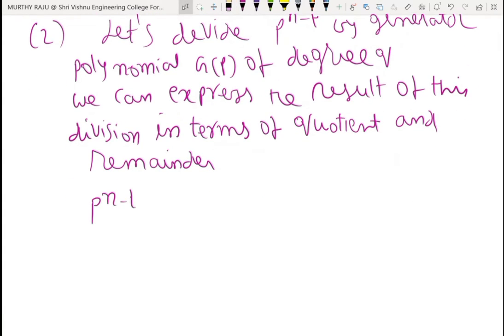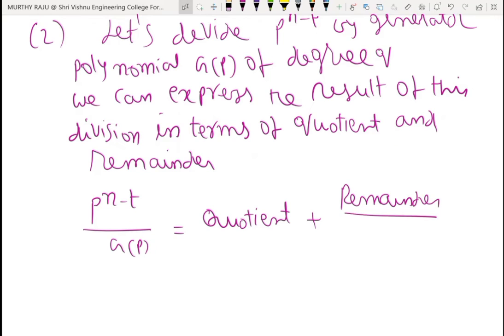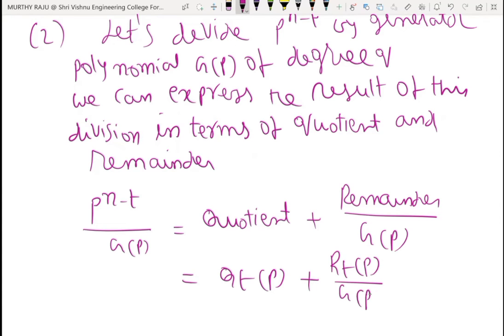P power n minus t by G of P is equal to quotient plus remainder by G of P. Here the quotient is represented by Qt of P and the remainder is represented by Rt of P by G of P.